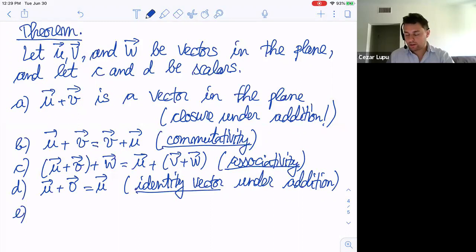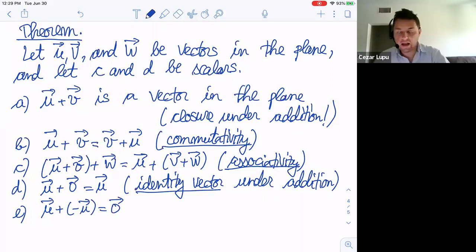What else can we do? We can add by the opposite. So u plus negative u vector will be, guess what? The 0 vector. And if I'm adding two vectors, by the first property, pay attention, it will be a vector. It's not going to be a scalar. So when I'm adding the u vector with the opposite of u, it will give you the 0 vector.